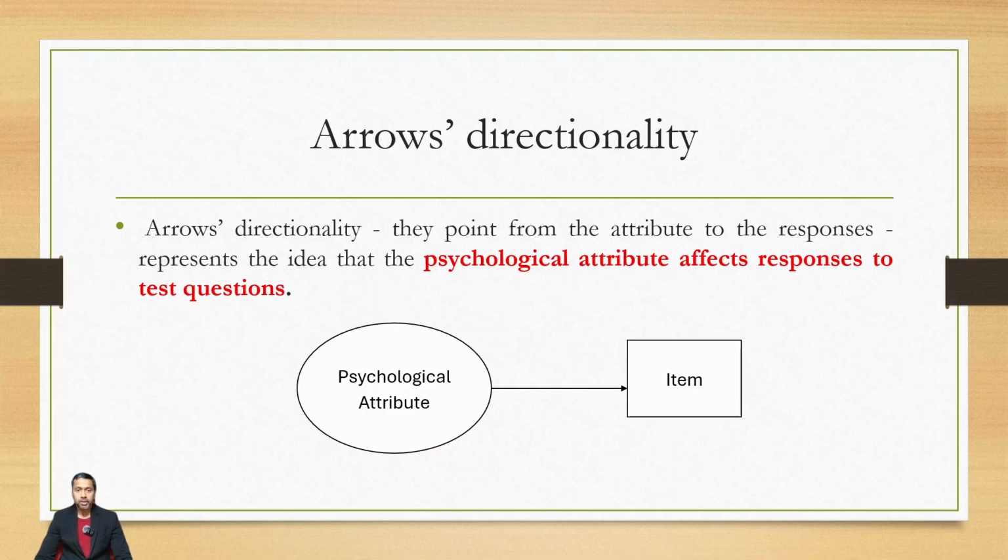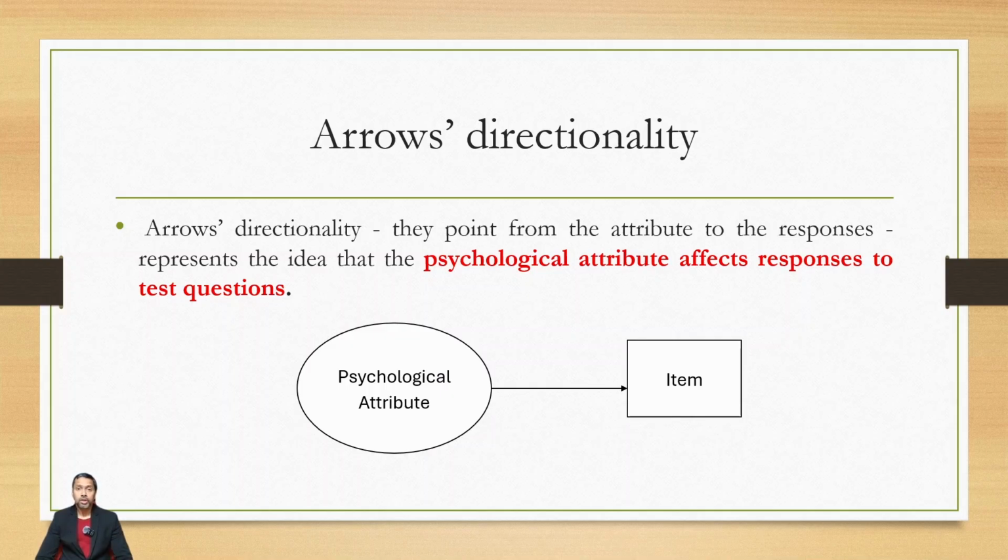Generally speaking, there is an arrow directionality in factor analysis: the arrow points from the attribute to the responses, representing the idea that the psychological attribute, dimension or factor affects the response to test questions.